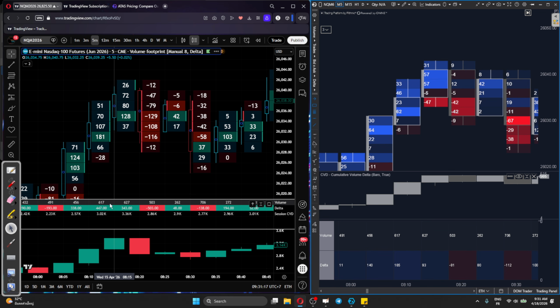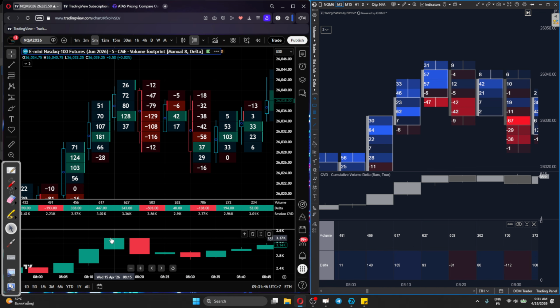617, so we know they got the total volume of the candle right. 617 here as well. But when it comes to the delta of the candle, we have a huge discrepancy: 447 versus 165. That's a big problem. If it was 220 versus 165, or 150, 140, okay.